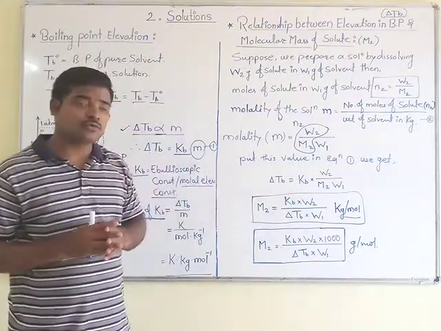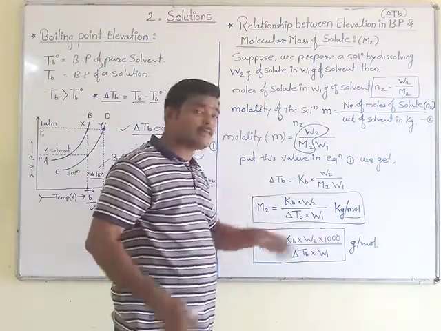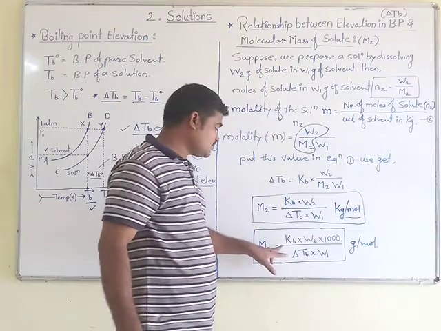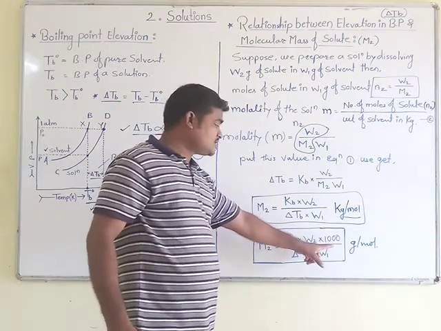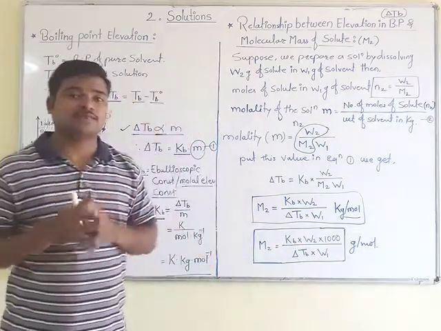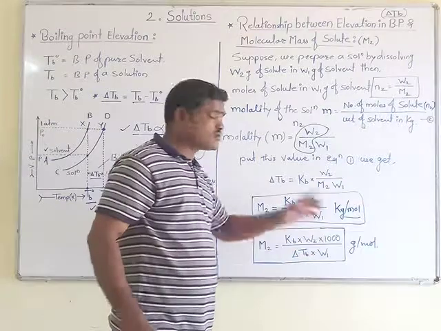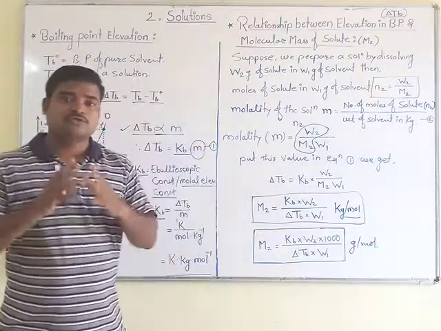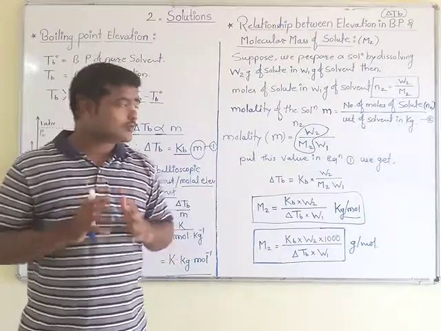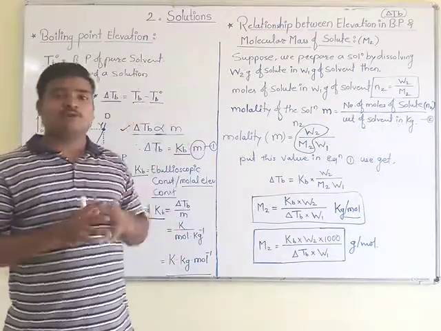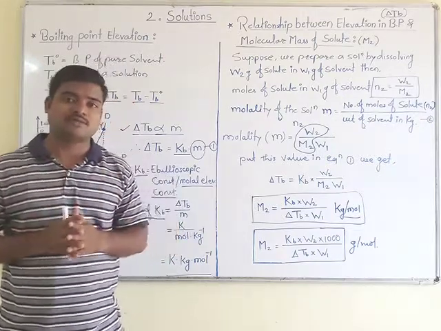And if you want to see this equation in CGS units, that is gram per mole, you just have to multiply by 1000, then you can find the molar mass of solute in gram per mole. So this is all in our today's lecture. This is a very important point for your theory exam. Thank you very much.